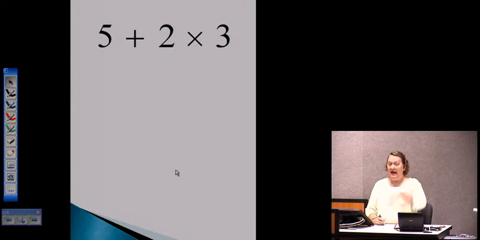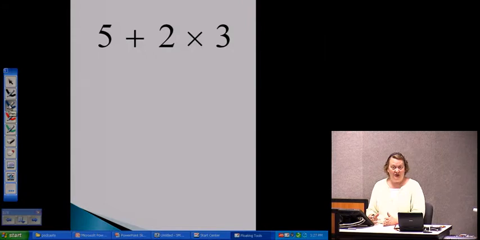Which one says, hey, look at me, do me first? Which one of the operations says, I'm the most important? You have to do my operation in the higher order. I get done first. I'm the first in line. Okay? Well, in this case, of the two answers, if there are no parentheses and nothing that says I was actually here before you thought I was, the multiplication gets done first.